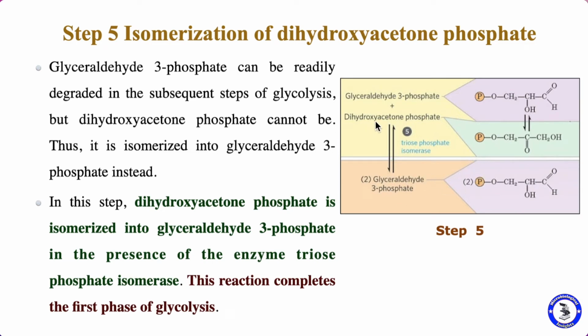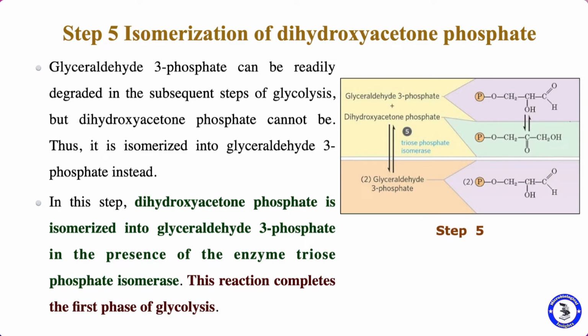Then the dihydroxyacetone phosphate is changed to glyceraldehyde 3-phosphate. So at the end of this step, we have two glyceraldehyde 3-phosphate molecules. This reaction is carried out by the enzyme triose phosphate isomerase. Up to this step, the first phase of glycolysis completes.